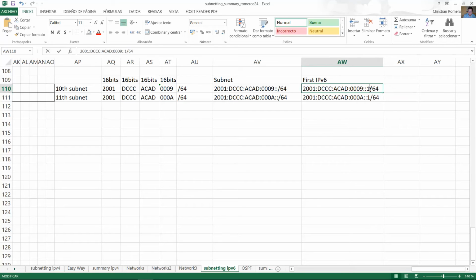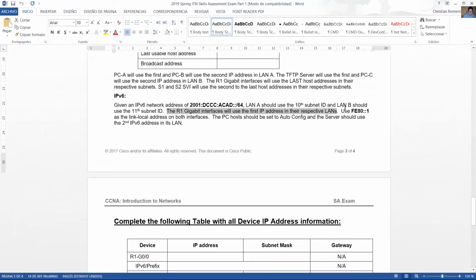Okay, in theory, the first IPv6 address is 0, and will work in any network. But I assume your instructor wants number 1. And use the FE80::1, the link local address on both interfaces.